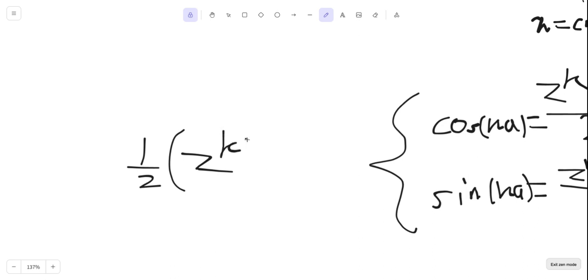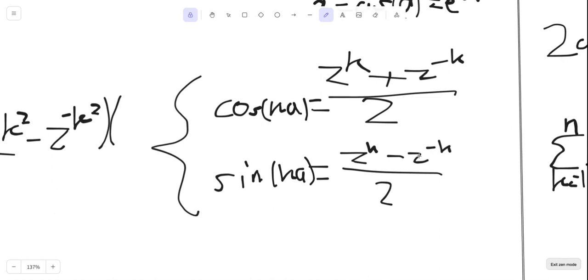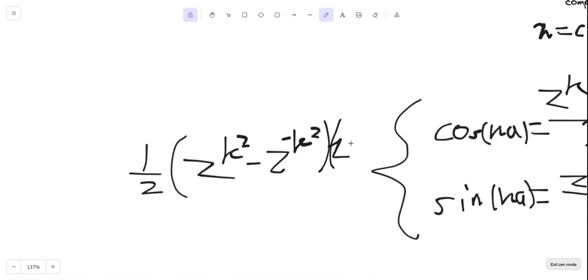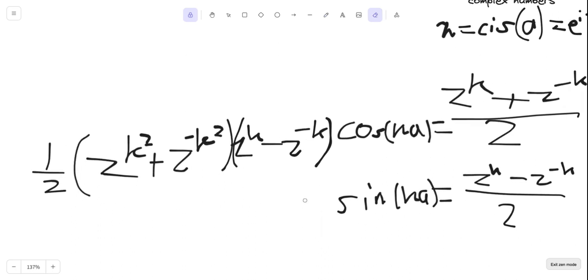I made the mistake last time. Minus negative k squared. Now sine it's just k. It's just the same formula we just did. Whoops. This one is plus. This one is minus. I know it's going into here. I'm gonna erase this thing.